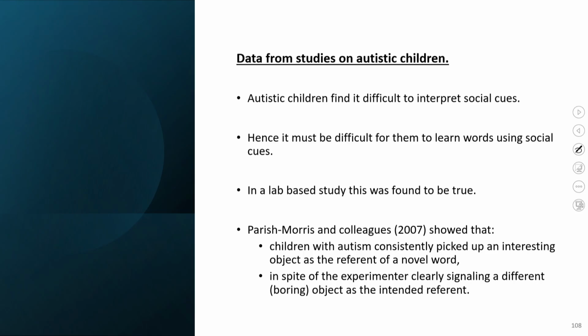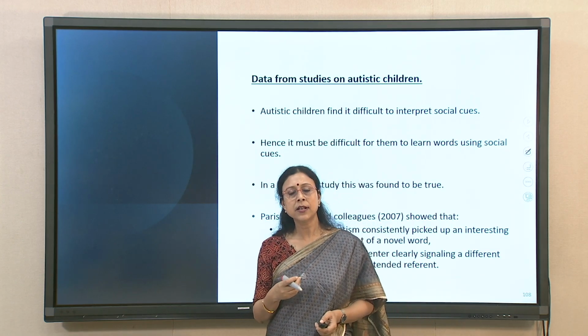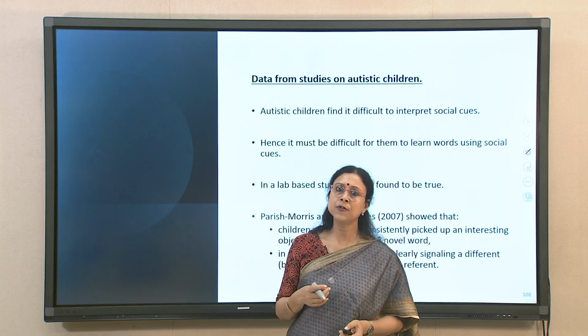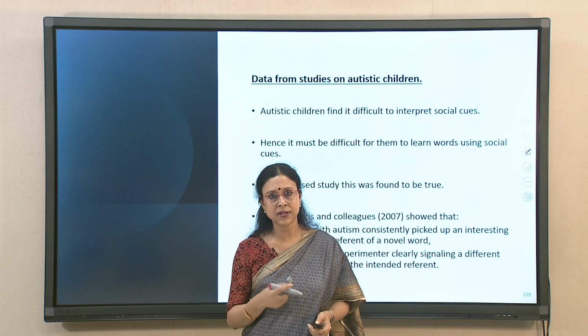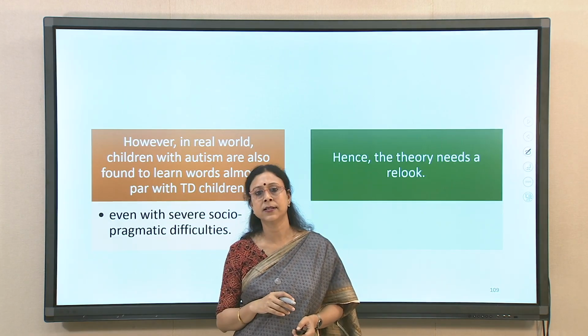In one very important lab based study, they showed that children with autism consistently picked an interesting object as the referent of a novel word, in spite of the experimenter clearly signaling something different, which is a boring object, as the intended referent. This is just one example, but we have more such examples where children belonging to the spectrum refuse to attend to the same thing that the other person is attending to, even after clearly signaling what the referent is.